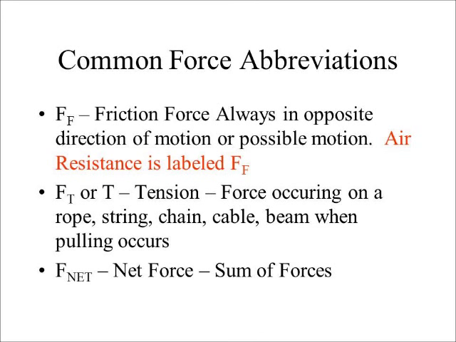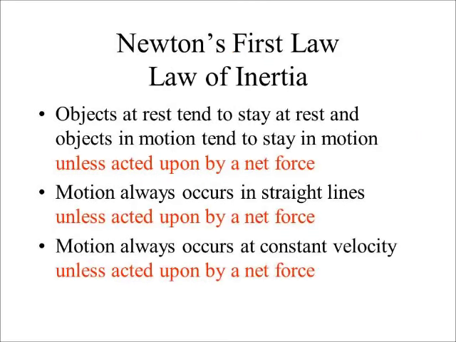Even solid objects such as beams or boards can have tension forces when they're being pulled instead of pushed. And of course, we defined that before, but a net force we label as F net. Oftentimes, you'll see that with a summation symbol, where it will show the sum of the forces that exist on an object instead of F net.